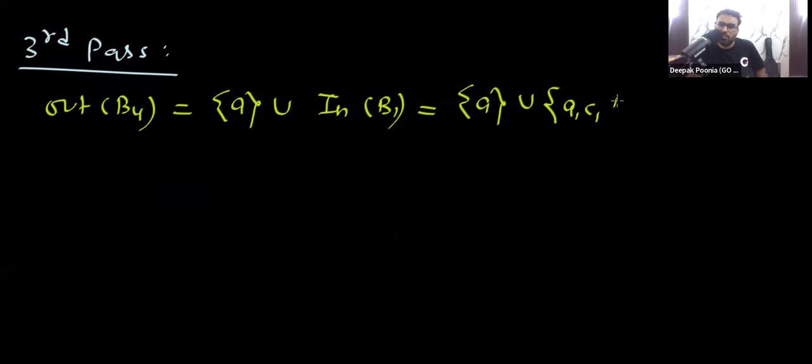Okay, so you can see here I am writing about the third pass. In the third pass, you can notice that out of B4 will be equal to A union in of B1, and again that is A union ACD, and that is ACD.